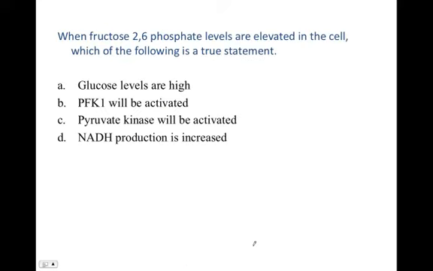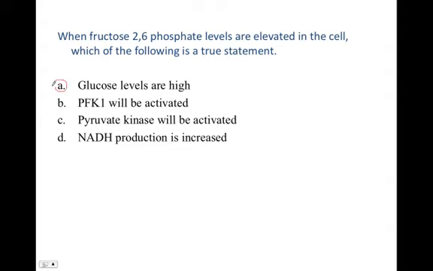So let's look at this question. When fructose 2,6-bisphosphate levels are elevated in the cell, which of the following is a true statement? A. Glucose levels are high. Yes, I would say that's true.